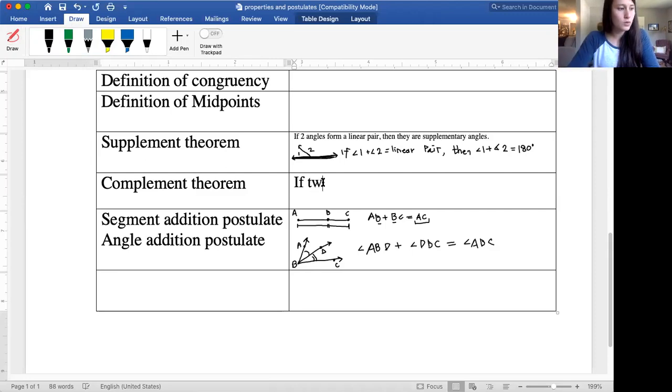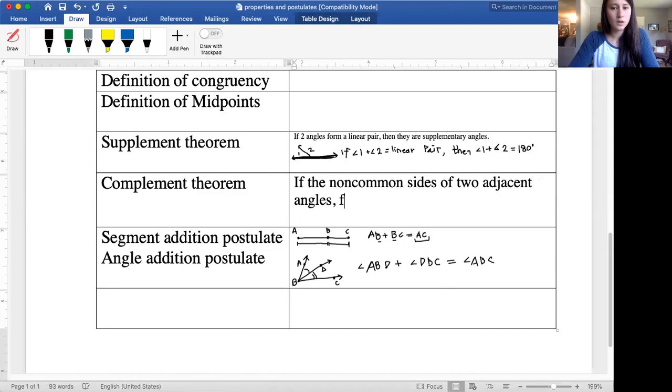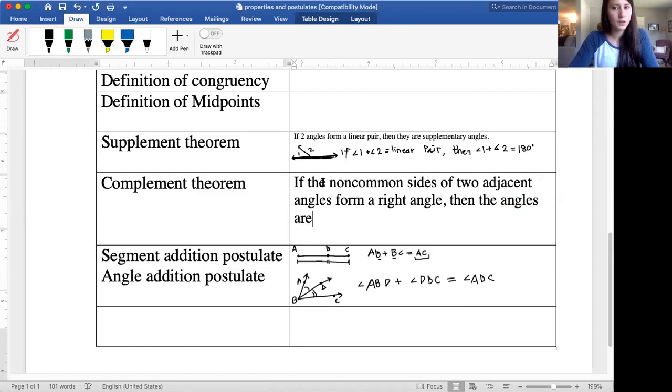So if the non-common sides of two adjacent angles form a right angle, then the angles are complementary angles. Okay, so let's kind of show what's going on.